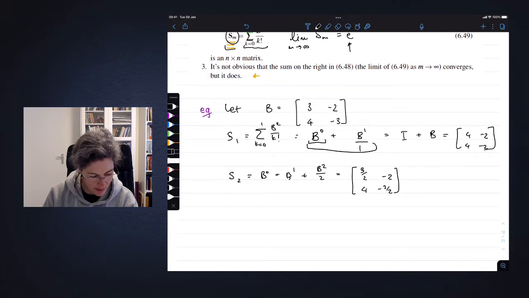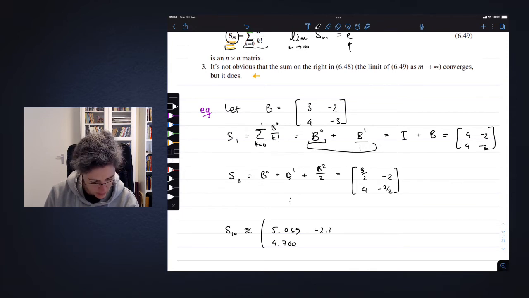You could keep going, and if you look in the textbook, they give some more examples, but if we go up to S10, that's approximately equal to 5.069, 4.700, minus 2.350, minus 1.983.